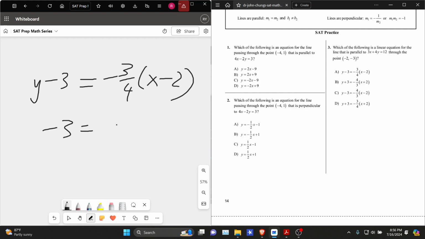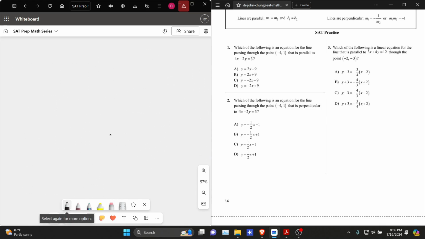So it should be -3 equal to -3/4 times (-2 minus 2), which gets us -4 in those brackets. -4 times -3/4 is +12/4, so we get 3 equals -3. So this is not right, because this is a +3 and this is a -3.